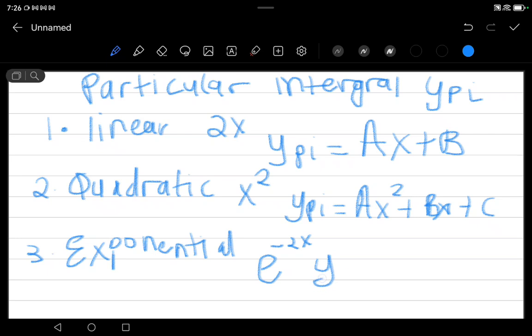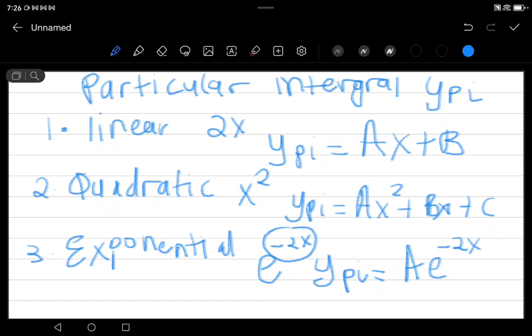So the YPI for exponential is going to be ae to the power of negative 2x. So we check the exponential here, and then we just add e to the power of negative 2x. Okay, this is for exponential.